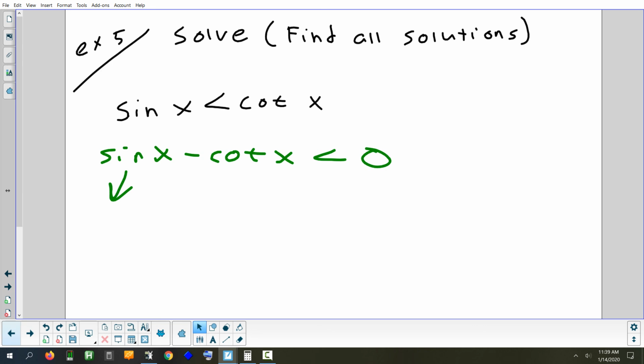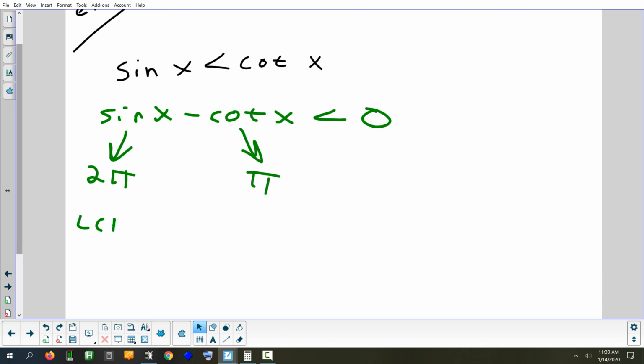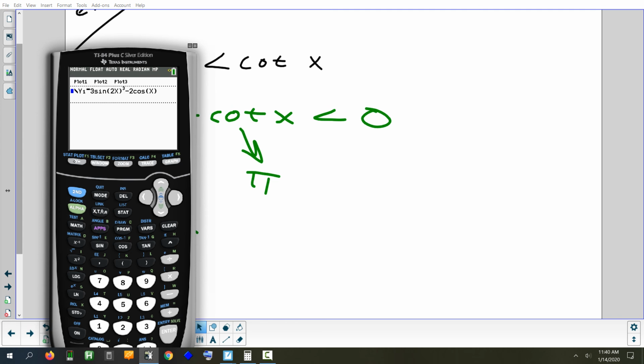What's the period length of sine? 2 pi. What's the period length of cotangent? Pi. Least common multiple? 2 pi. So when you write your interval, you're going to put plus 2 pi n on each end of the interval, because you can take that interval and move the whole thing down one cycle. Okay. All right, now we're ready to type it in.